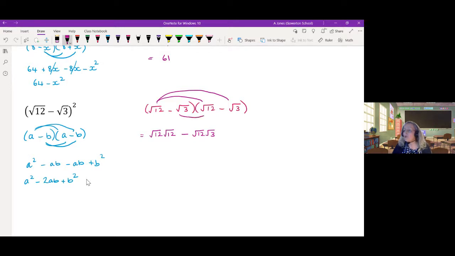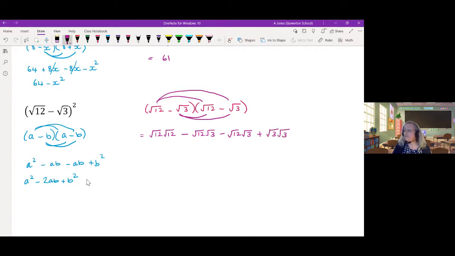And then here, multiplying these, I'm going to do minus again. Now, it really doesn't matter if you put them in the same order or not. I'm going to do them in the same order just because I find it easier to think about them as being the same thing, but you certainly don't have to. And then here, minus multiplied by minus is plus root 3, root 3.